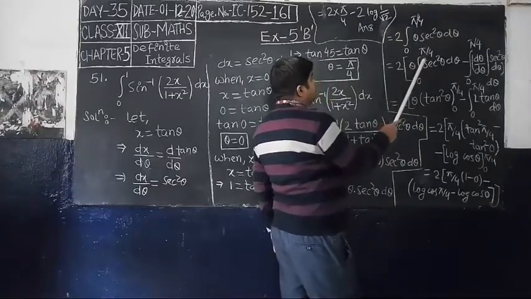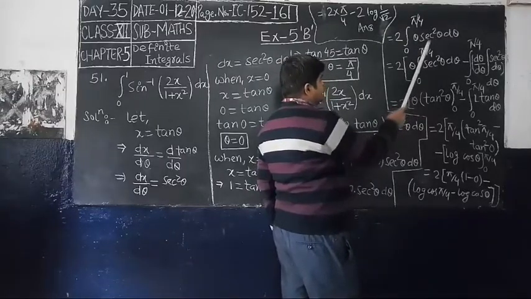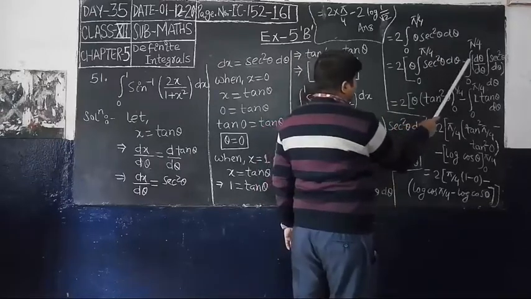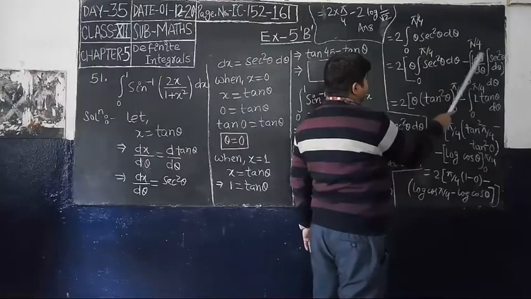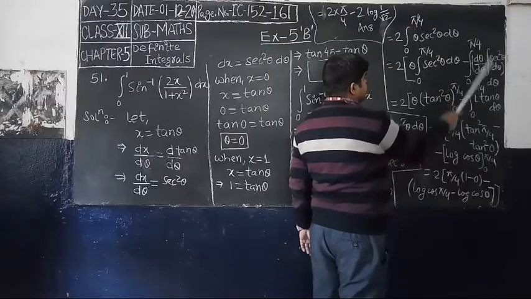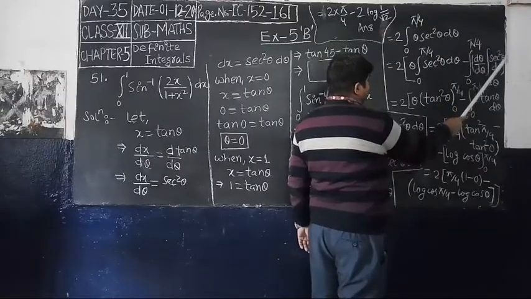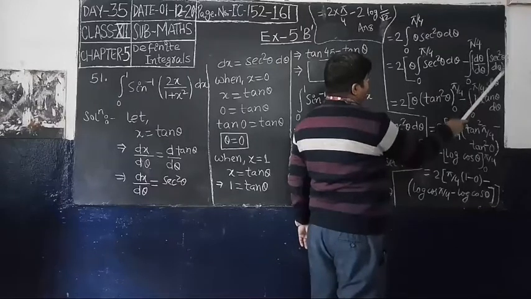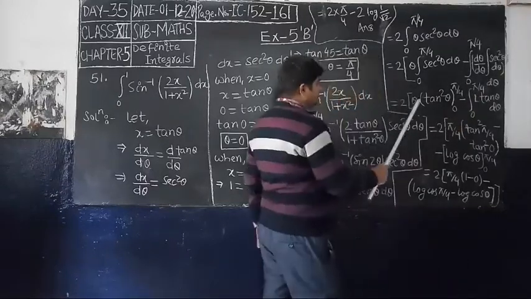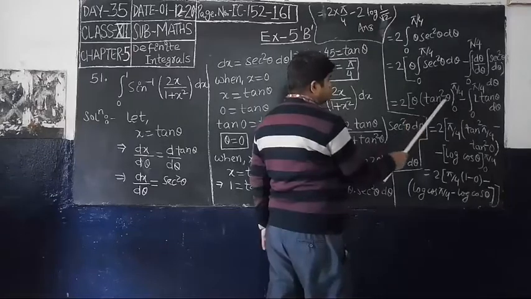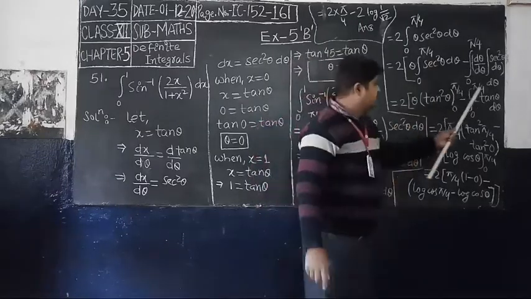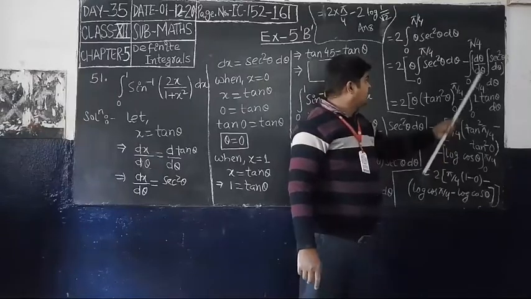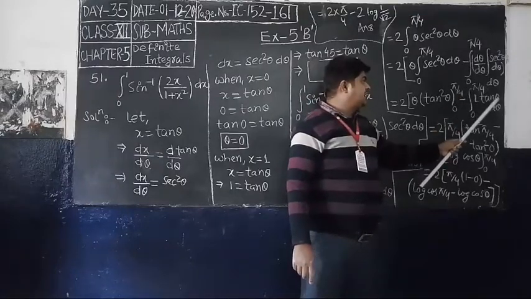Now 2 times theta times the integration of the second function sec square theta d theta, minus the integration of the first derivative of the first function, d theta/d theta, times the integration of the second function sec square theta, d theta. Now 2 theta tan theta with limits 0 to pi/4, minus the integral from 0 to pi/4 of 1 times tan theta d theta.